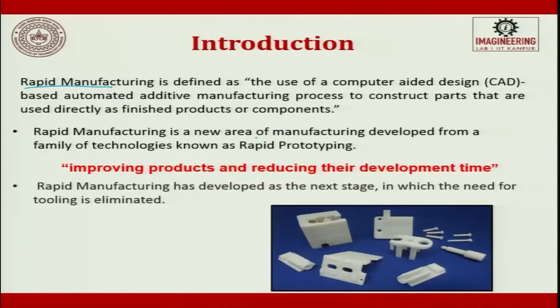But whereas here we are trying to say whatever gets produced is going to be the finished part which can directly get into usage. Rapid manufacturing is a new era of manufacturing developed from a family of technologies known as rapid prototyping. So, rapid manufacturing evolved from prototyping.